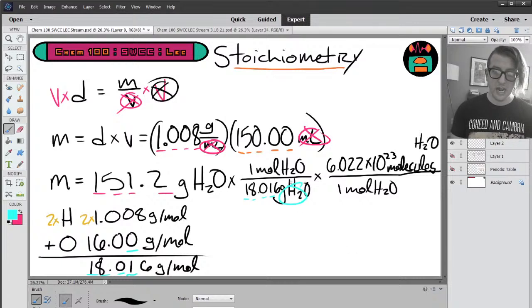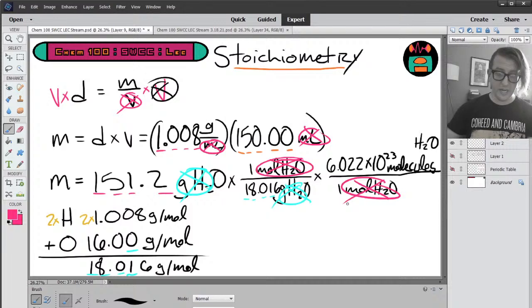All right, now grams of water cancel grams of water. Also, moles of water cancel moles of water, and we are ready to crunch our numbers. So 151.2 divided by 18.016 times 6.022 times 10 to the 23rd.